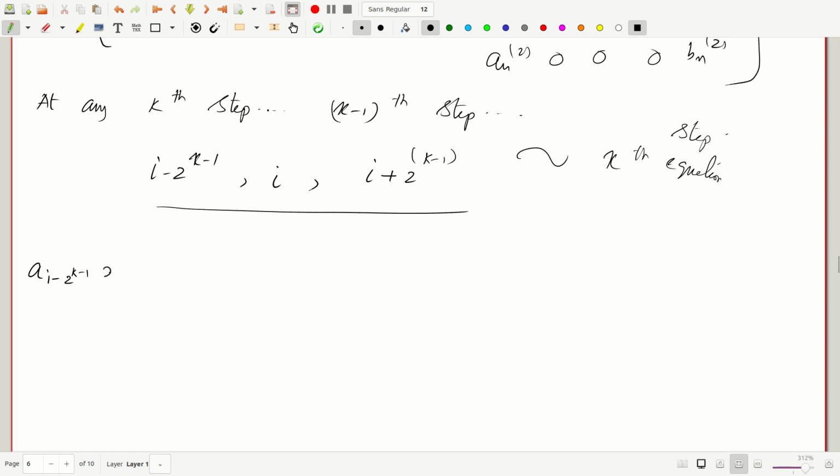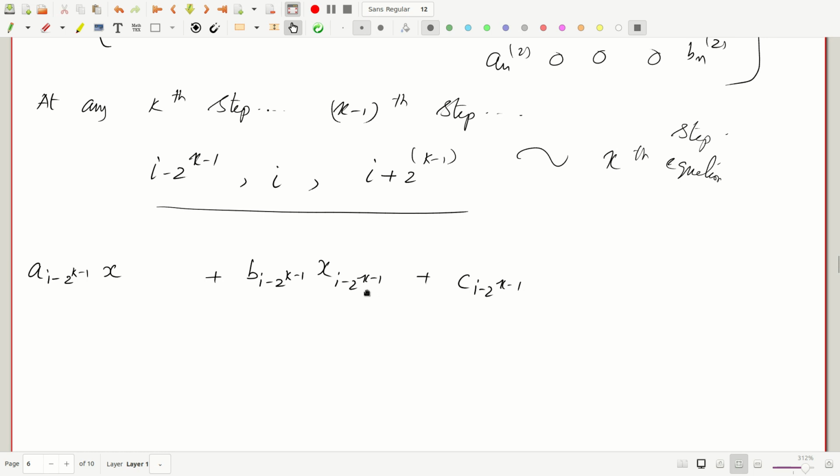Okay, and then you would have x, we will see what is the subscript here, I would write it later, and b_{i-2^{k-1}} x_{i-2^{k-1}} plus c_{i-2^{k-1}}, and then you would work with what will be this subscript here, because this is 2^{k-1} away, so you have to subtract 2^{k-1} minus 2^{k-1}, right?